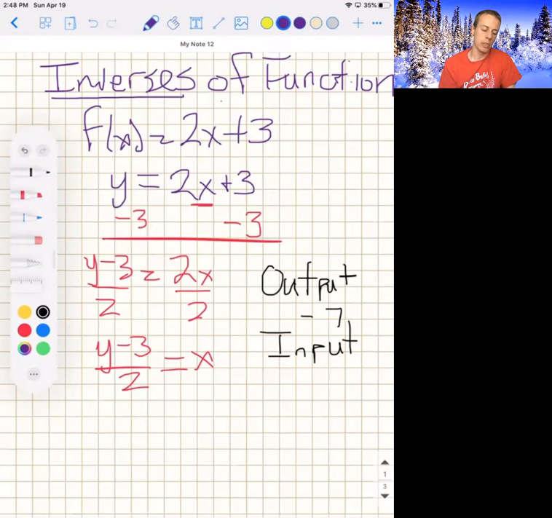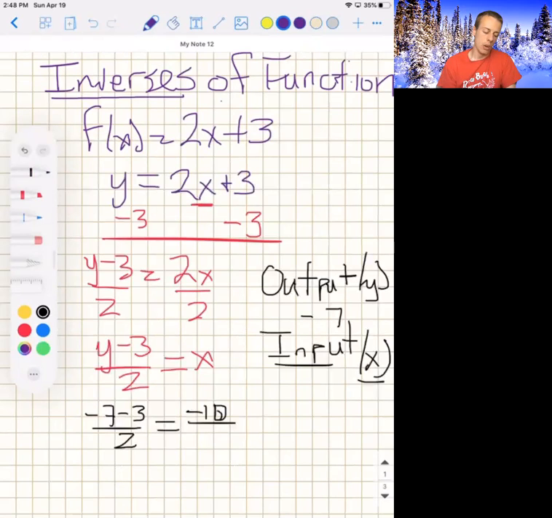Our output is typically our y value, so let's plug that in wherever we see y. -7 minus 3, and that will give us our input, our x. So we're going to go backwards and find our input. -7 minus 3 would be -10. -10 over 2, so our input would be -5.